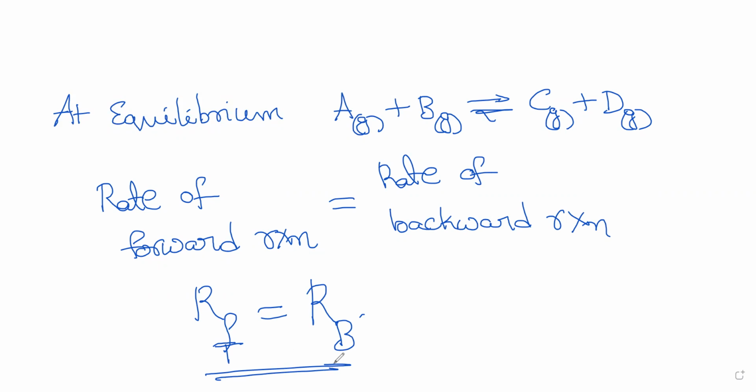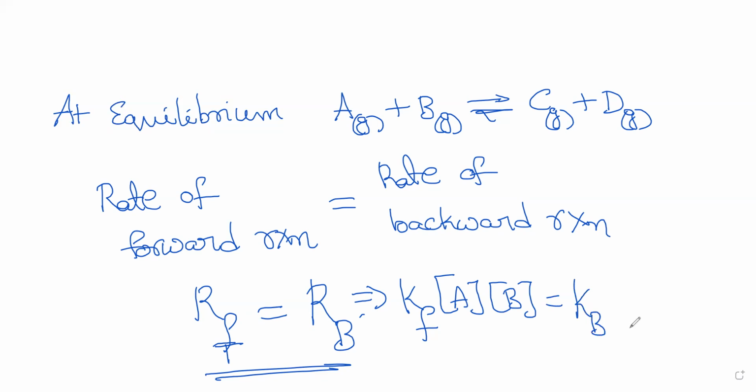RF is Kf into concentration of A into concentration of B, and that is equal to Kb into concentration of C into concentration of D. Please note up to here. Noted, sir. This happens at equilibrium.